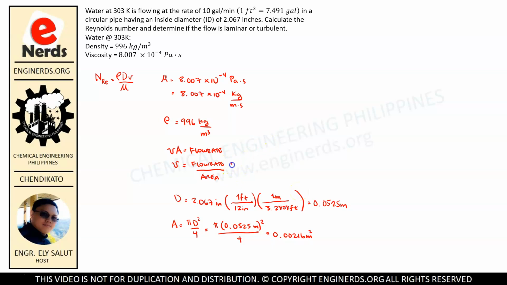Kailangan naman natin ngayon makuha is itong ating flow rate because as of now, our flow rate is in gallons per minute. So, convertin natin siya sa SI unit. So, we have our flow rate is equal to 10 gallons per minute. Okay, so meron na tayo sa taas sa ating given ng conversion ng gallons to cubic feet. Okay, so we have in 1 cubic feet, we have 7.491 gallons.